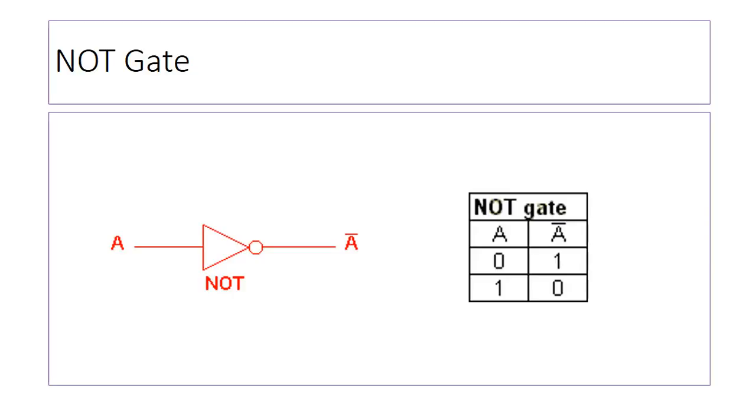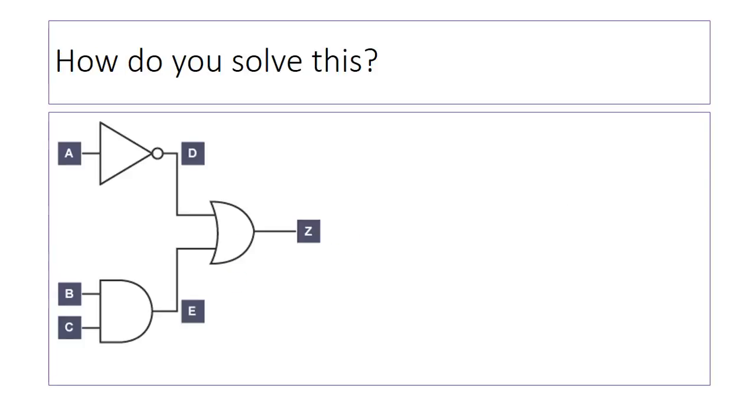You need to remember that computers can all be boiled down to different circuits, and this is an easy way of representing those circuits. Here we've got a nice little diagram. So we've got A, B and C as primary inputs. We've got a NOT gate at the top, an AND gate at the bottom, and then we've got the OR gate in the middle. So if you've got A going into the NOT gate, for D, if we've got a 1 coming in, that would give us a 0.